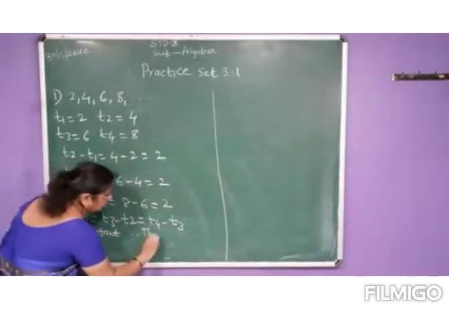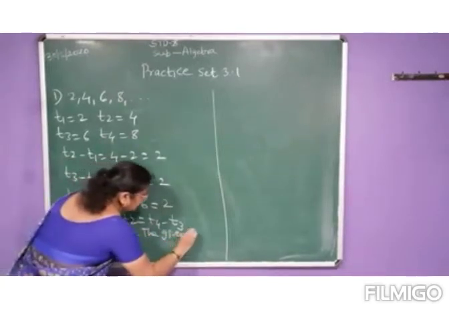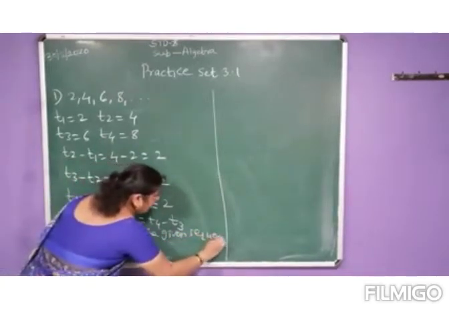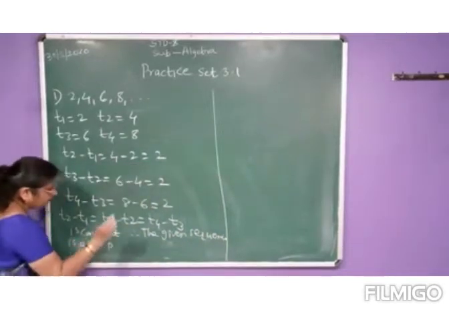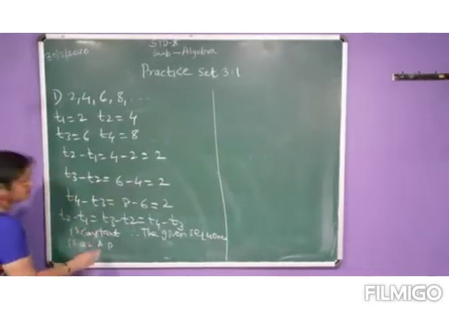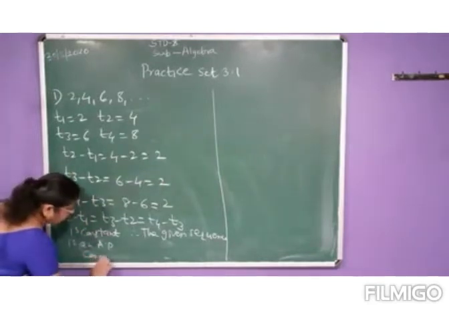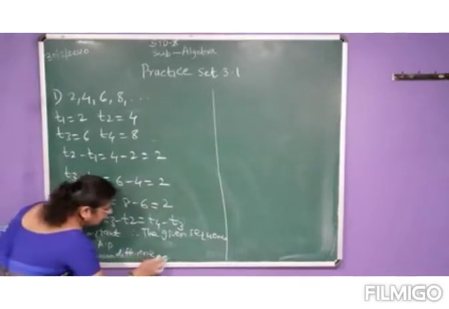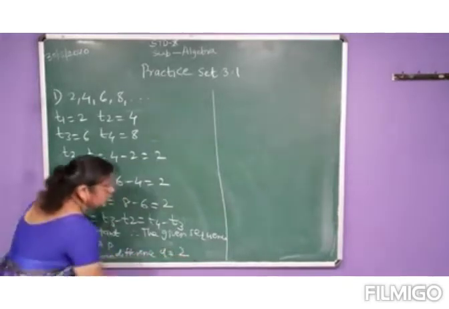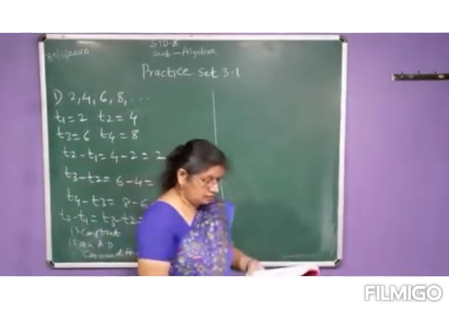Therefore, the given sequence is an AP. And what is the common difference? So, common difference D is equal to 2. This is how we have to do.